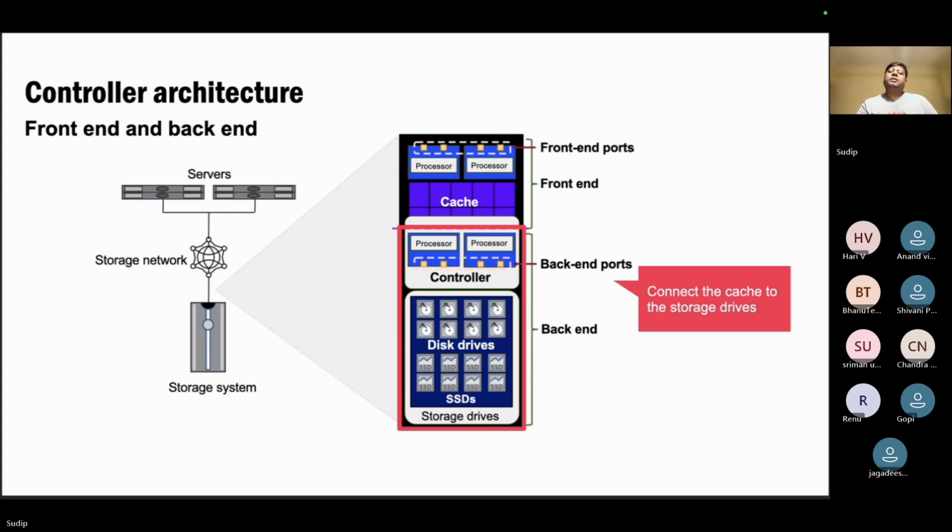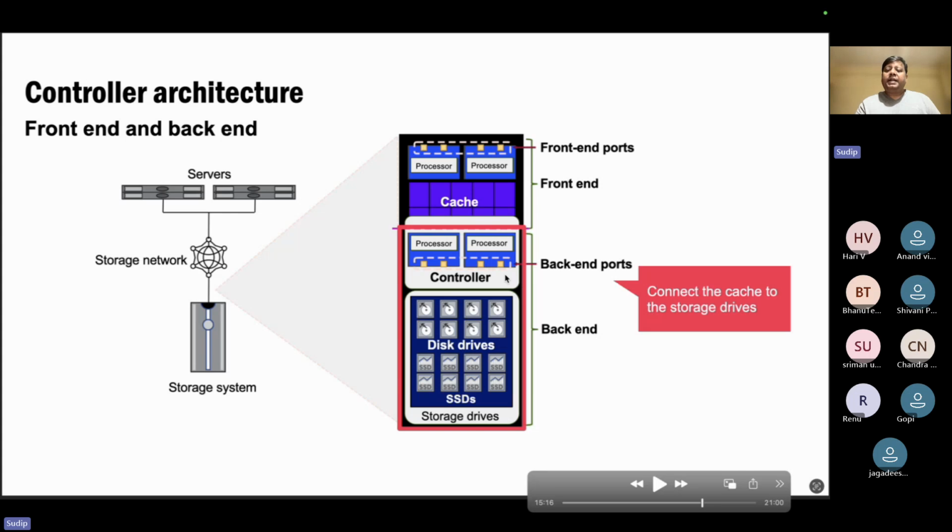Now, as we understood yesterday, every disk drive will have something called an interface. Every hard disk drive will have an interface. Every SSD will have an interface. An interface is the mechanism by which a drive gets connected to the system. So what does the backend have?